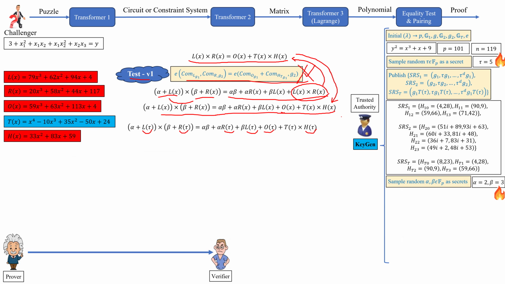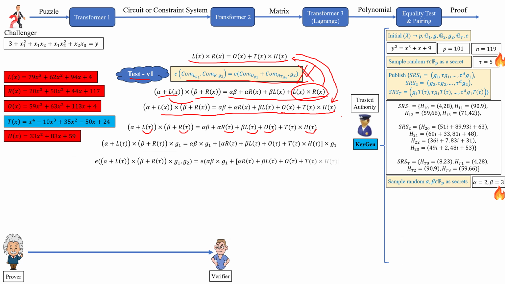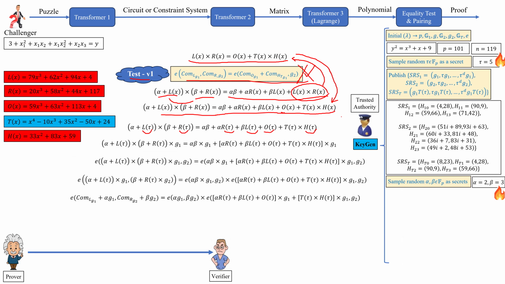Then we discussed in the previous lecture that the evaluation at point tau is not enough. The prover needs to compute some commits, and to compute some commits, we multiply the value by G1 and then convert this equation into pairing of G1 and G2, and then using the properties of pairing, we change the formula into this form. Okay, now we have this formula instead of the first test.